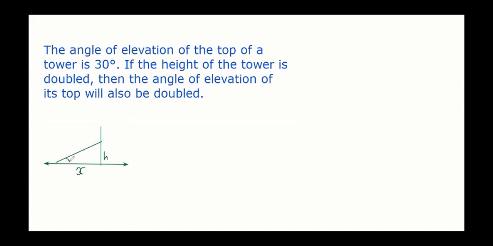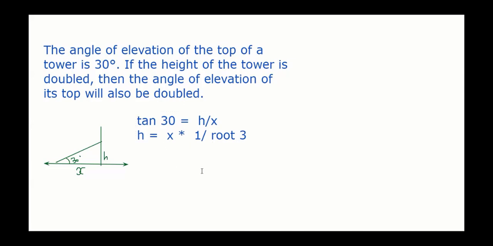This is 30 degree, correct? So in this case, my tan 30 is h by x, correct? Or h is equal to x into tan 30, which is 1 by root 3, correct? This is the first case.